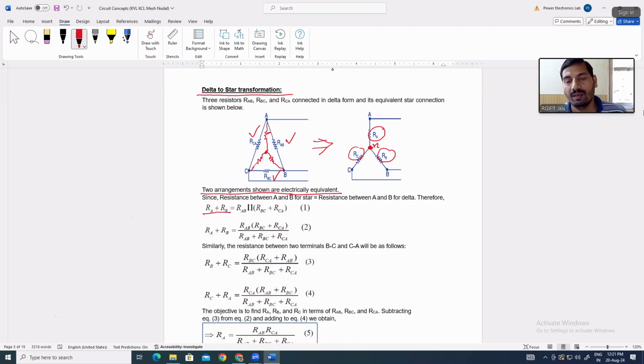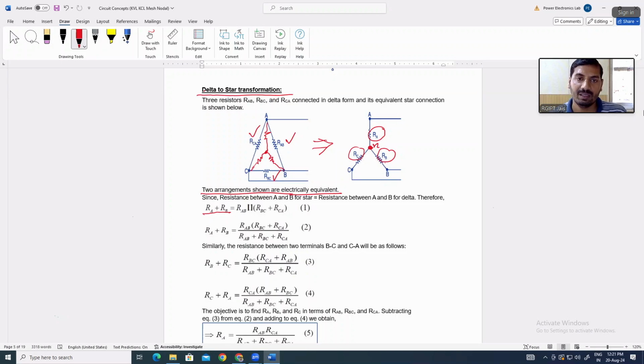If we take two nodes at a time, the third node we omit. In the third node no current will flow, so if there is no current in RC, we can consider RA and RB connected in series. So RA plus RB is equal to the resistance between terminals A and B.